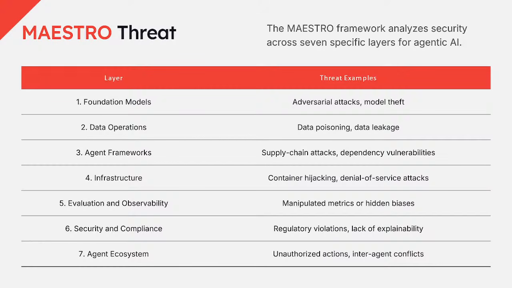Evaluation and observability, you can manipulate the metric or implement hidden biases. Security and compliance, you can use regulatory violation, lack of explainability, and agent ecosystem. You can use unauthorized action or inter-agent conflict. So these are each layer of an agentic AI system, and these are examples of threats that you can use to attack them and detect their weaknesses.